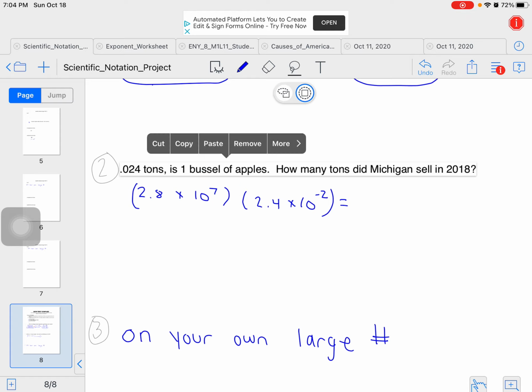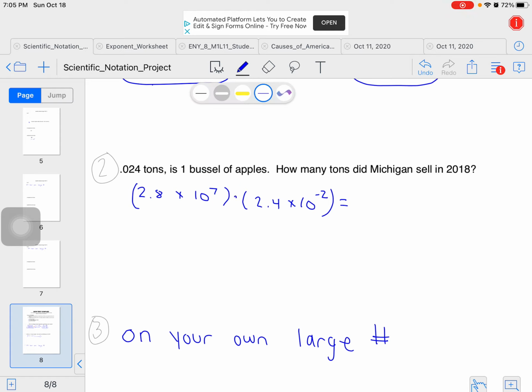So this is a multiplication problem. This is 1 bushel times the 28 million bushels for Michigan right here. So I'm going to do 2.8 times 2.4. I can do this on a calculator, or I can do it out long.